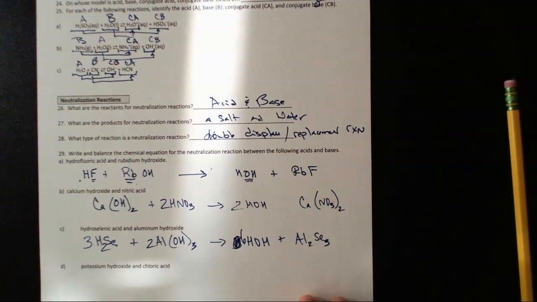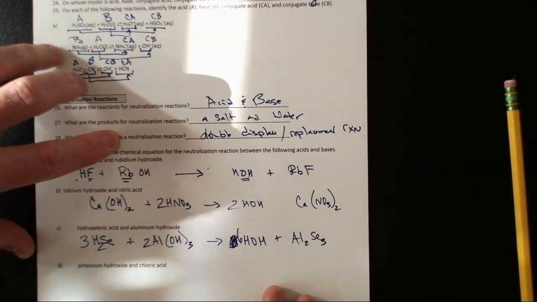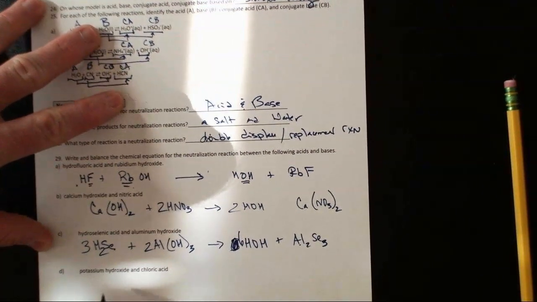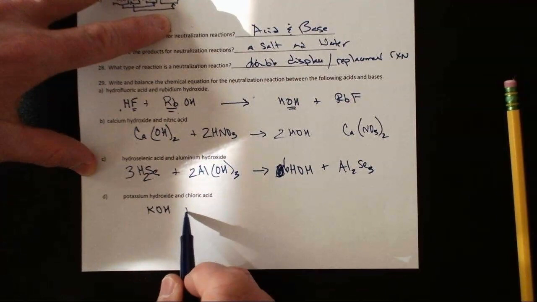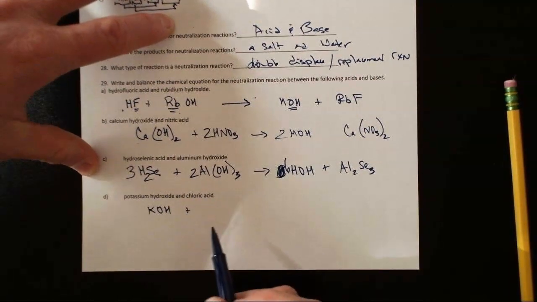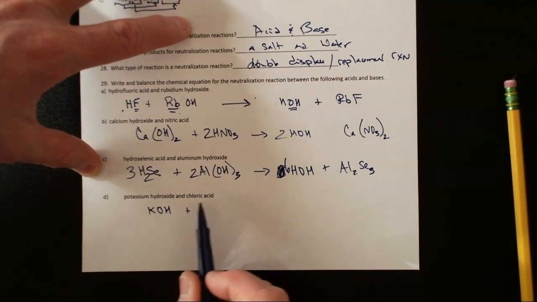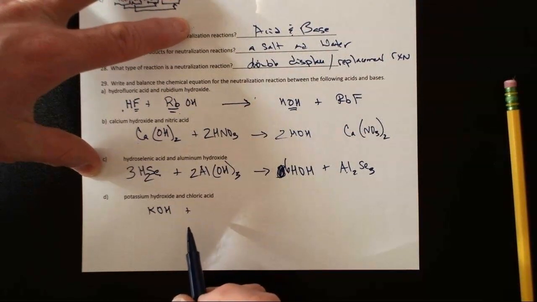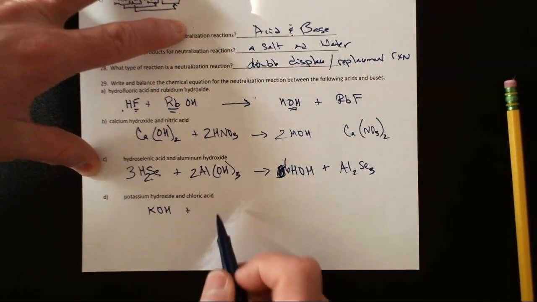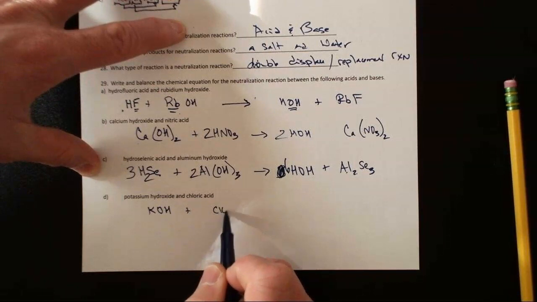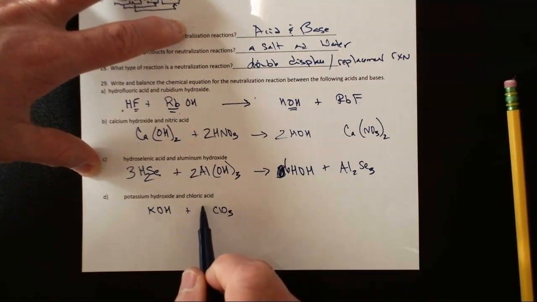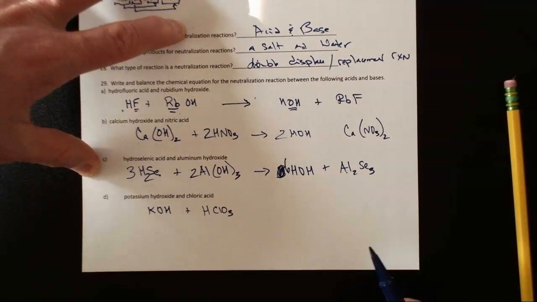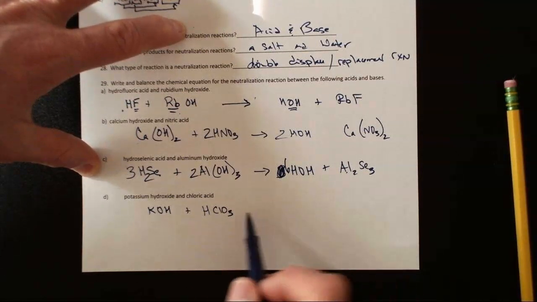All right, finishing it up with what should be an easy one. Potassium hydroxide plus chloric acid. So what would chloric be? Chlorate. So I've got to have chlorate. Chlorate has a -1 charge, so I only have 1 hydrogen, so there's chloric acid.